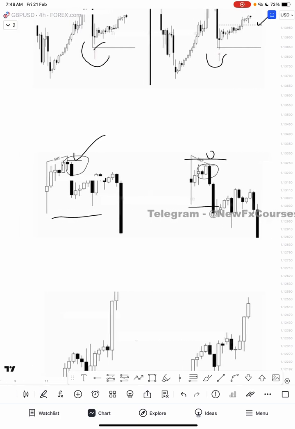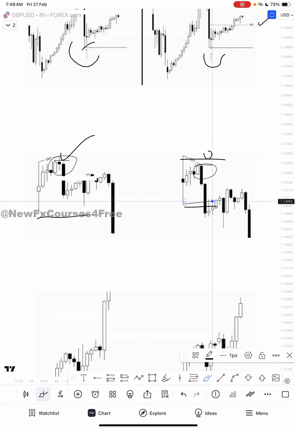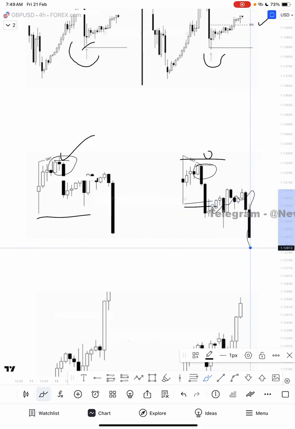Here you can see here the market actually already swept this candle range low, but here swept this candle range low before consolidating and expanding lower.